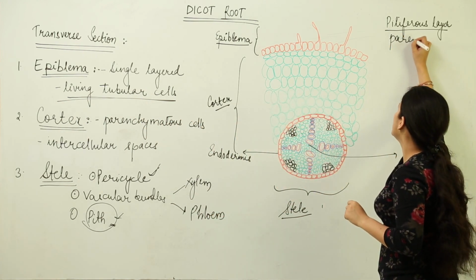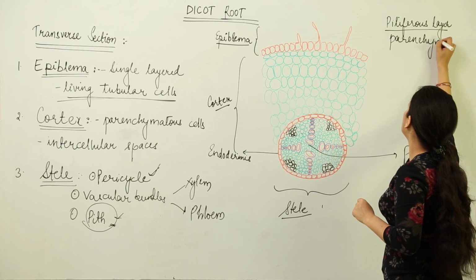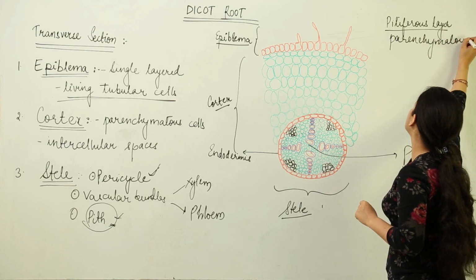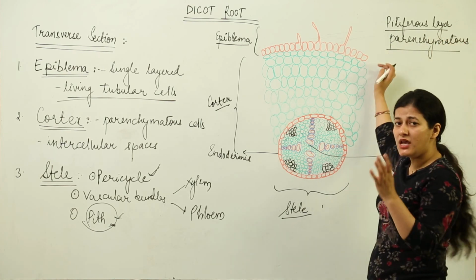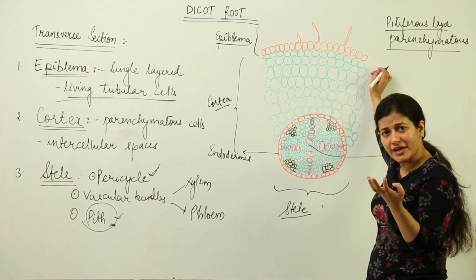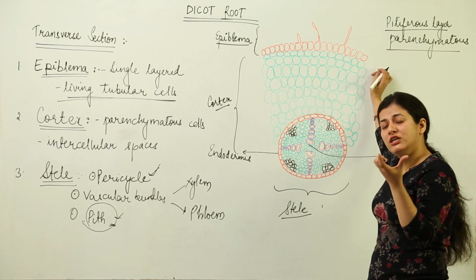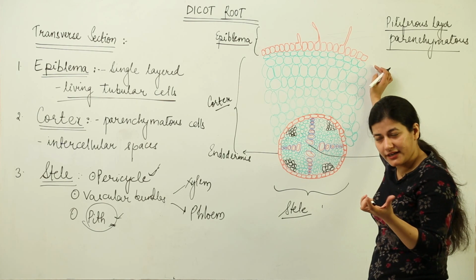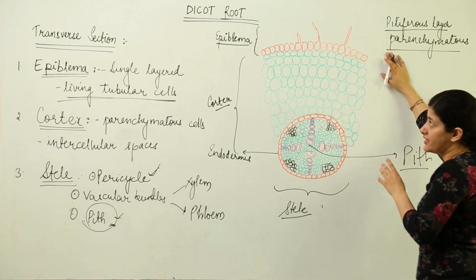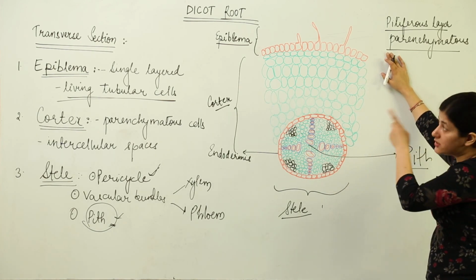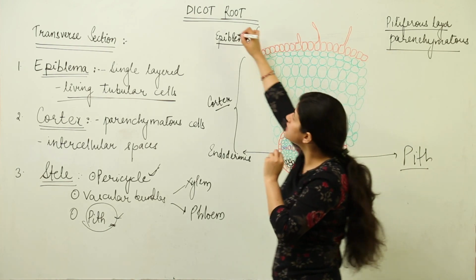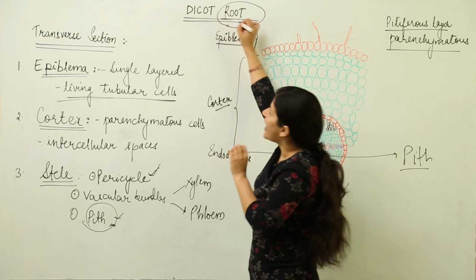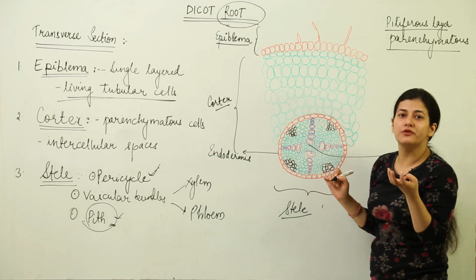Now you remember what parenchymatous cells were. We had studied that parenchymatous cells are circular in shape. They are living cells. They have storage material inside them. Now these parenchymatous cells in a dicot root, because it is a root and because the purpose of a root is absorption of water and minerals from the soil.